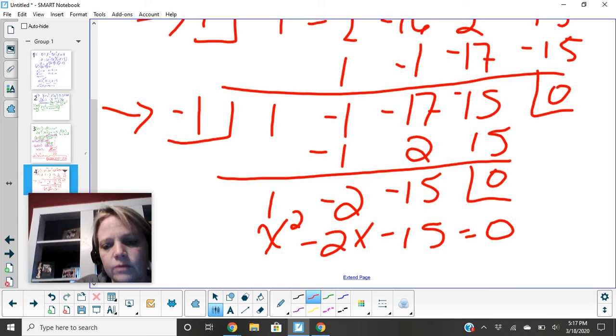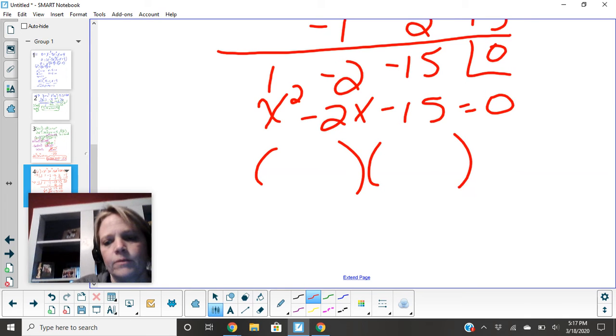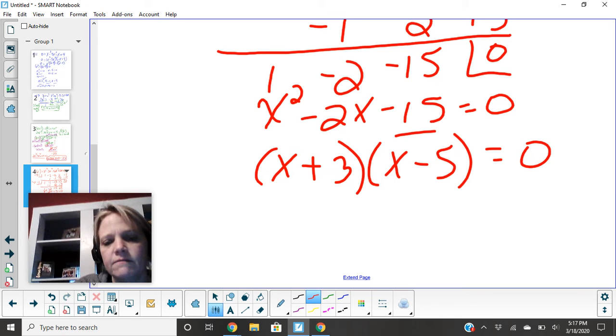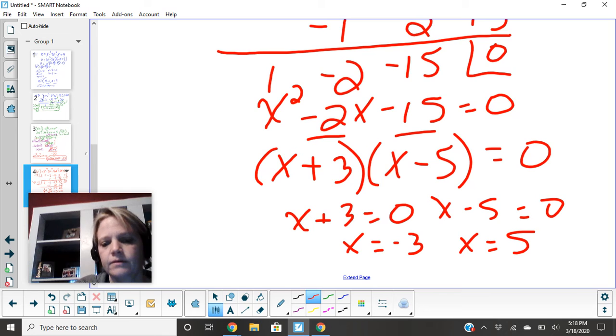We can set that equal to 0, and we can factor that for the other zeros. When you get it to a quadratic, then you can factor it. So x times x gives us x squared. A -5 times a +3 multiplies to give us -15 and adds to give us -2. So we set each one of those equal to 0, and we get x is equal to -3, x is equal to 5.